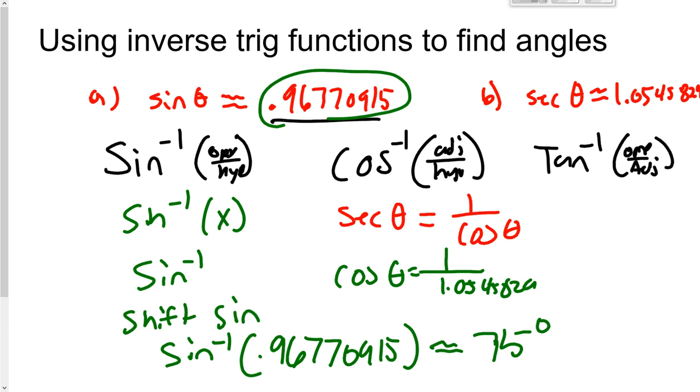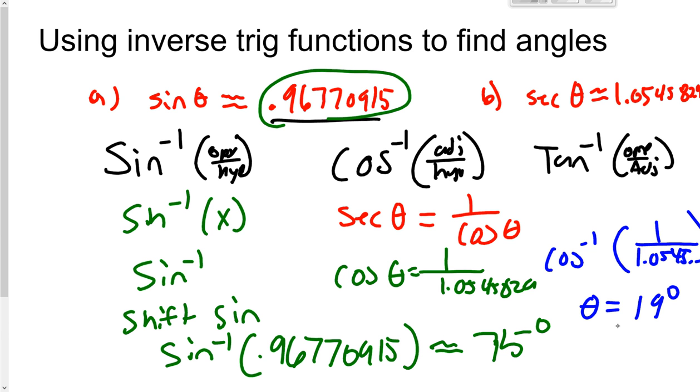So then I'm typing into my calculator the inverse of cosine of 1 over my answer, 0.545, and so on, to find my angle. I get my angle is approximately 19 degrees.